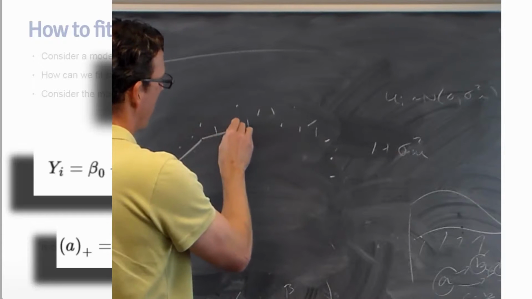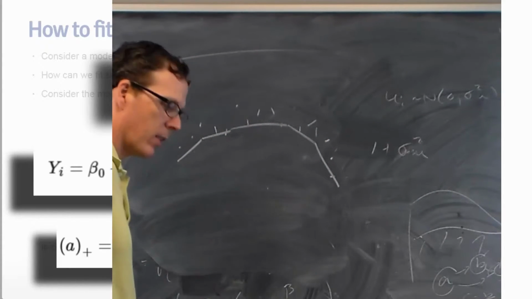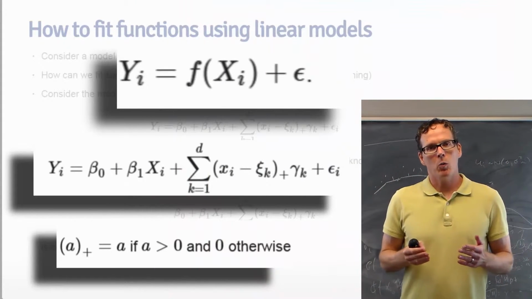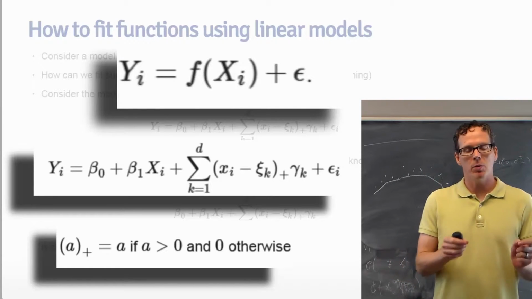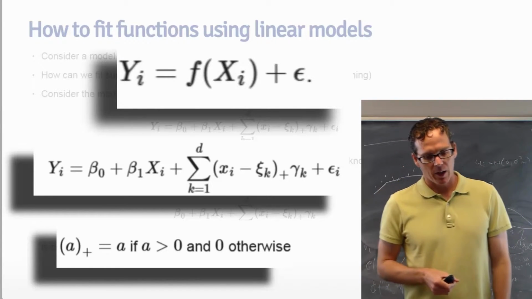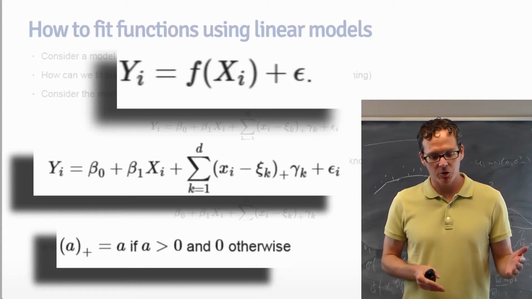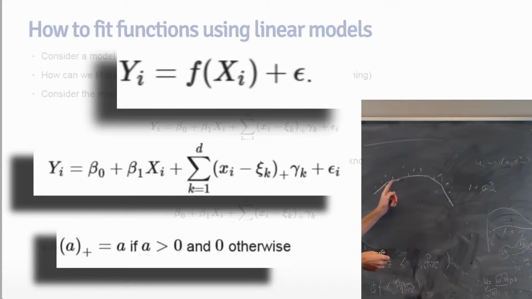We might break it at a couple of points like that. This is the idea. We're going to mathematically model those breaks, and that's what these little plus functions do. If you're interested, you can prove to yourself that this function is continuous. It doesn't have splits. You can draw this without ever lifting up your piece of chalk.